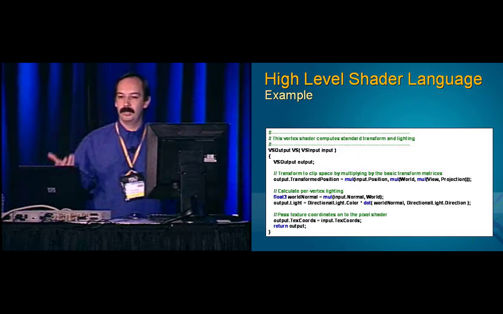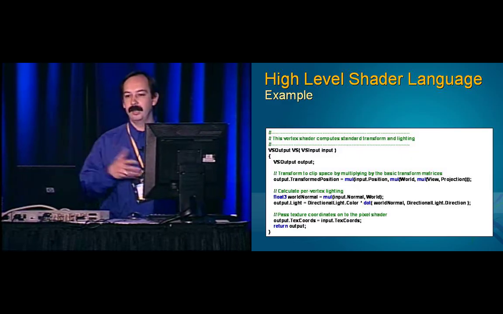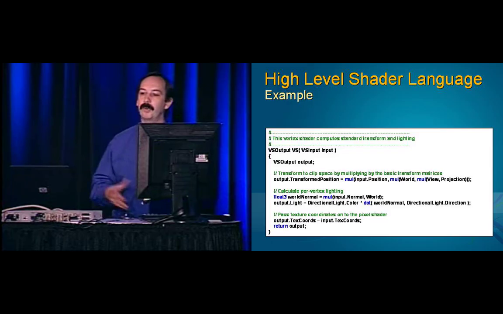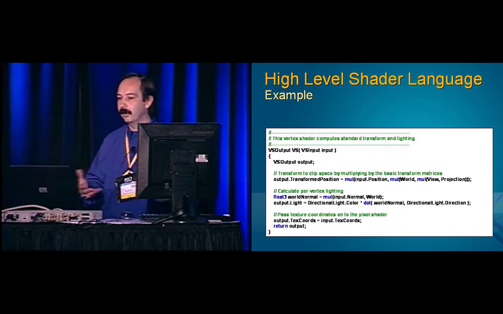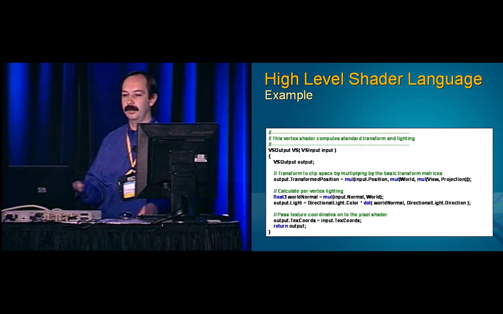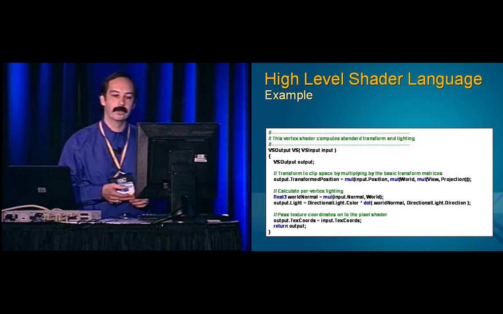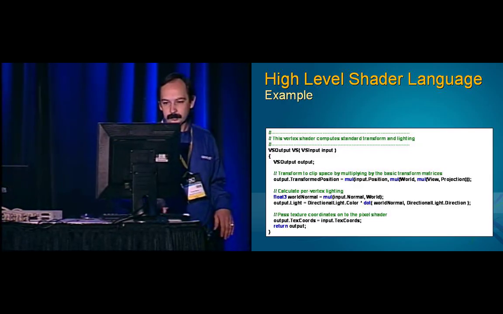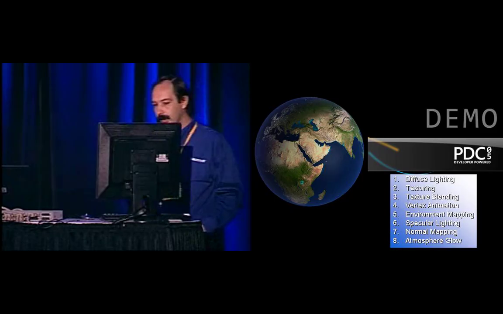And again, as soon as you calculate something about a vertex, that information can be interpolated for the pixel shader. So if you want to do very basic shading where you start at green at one vertex, blue at another, and red at another, you can have it shaded just by letting the system interpolate for you. We'll be showing some of the stuff very shortly. So with that, let's get to the demo.